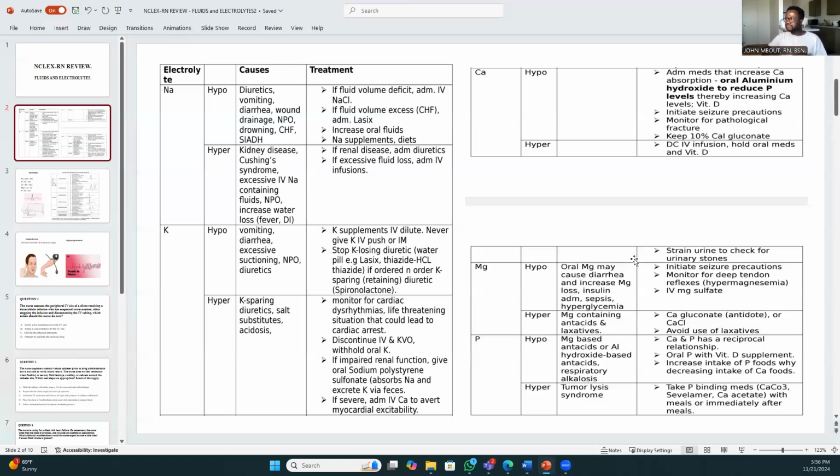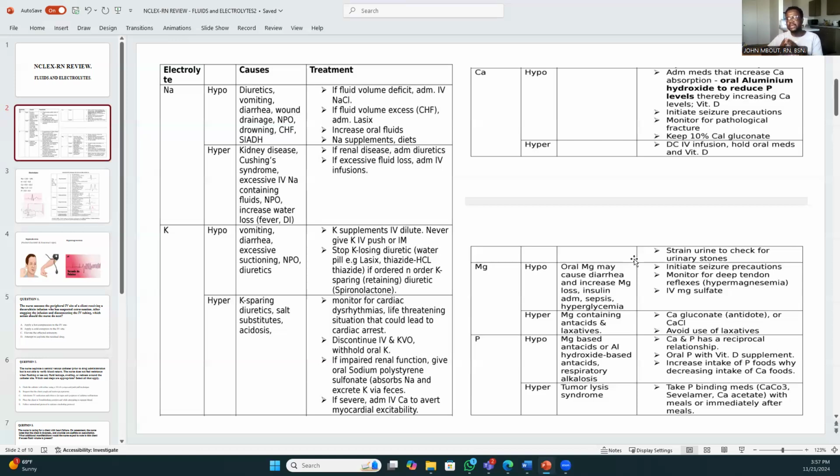Aluminum hydroxide. What happens? It reduces the phosphorus level, thereby increasing the calcium level. We say phosphorus and calcium are reciprocal, meaning when one is going high, the other one is going low. When one is going low, the other one is going high. So they work in opposite directions. You have to be careful.